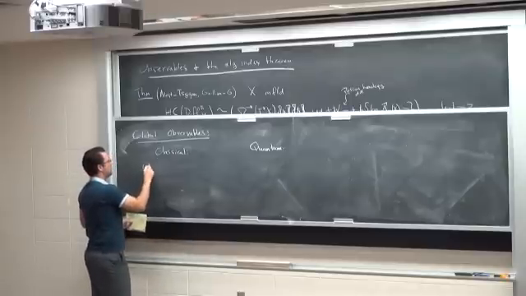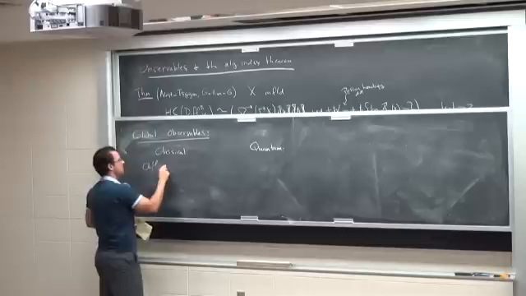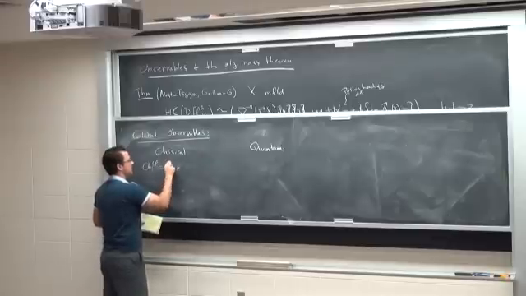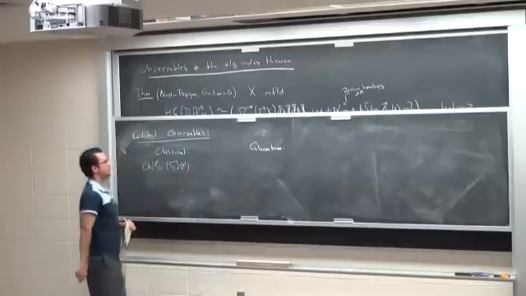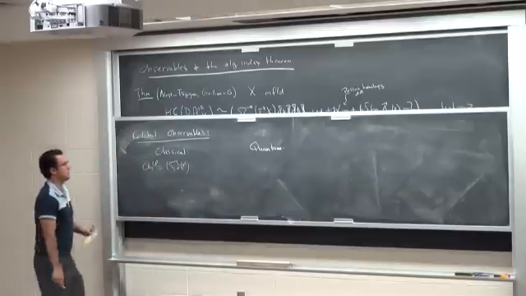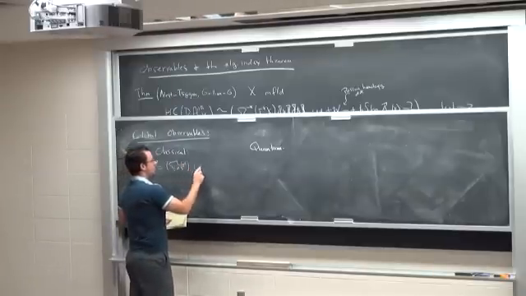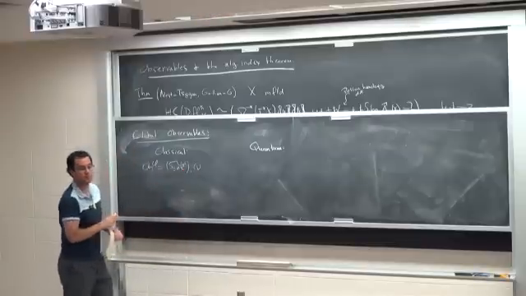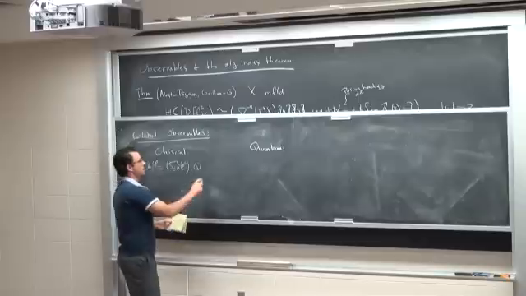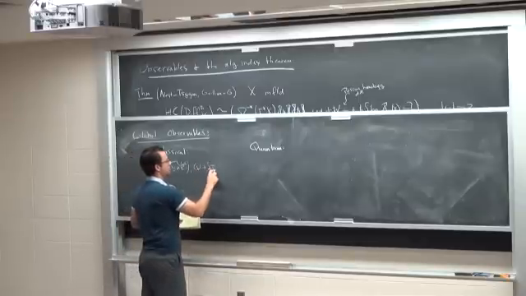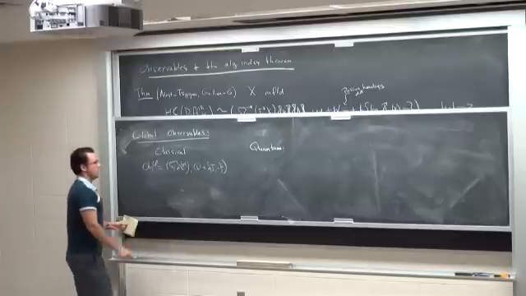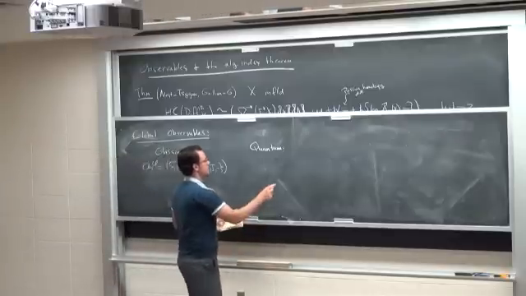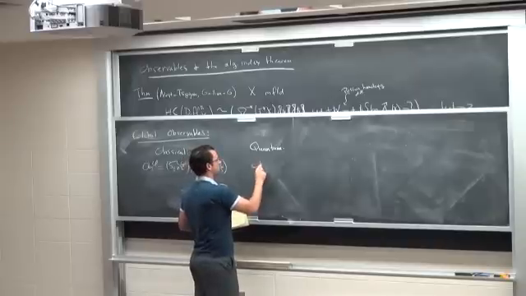Well, it's this completed symmetric algebra in the field, and it has a differential, which is the transpose of the differential Q, plus this operation determined by the interaction term. And what are the quantum observables?